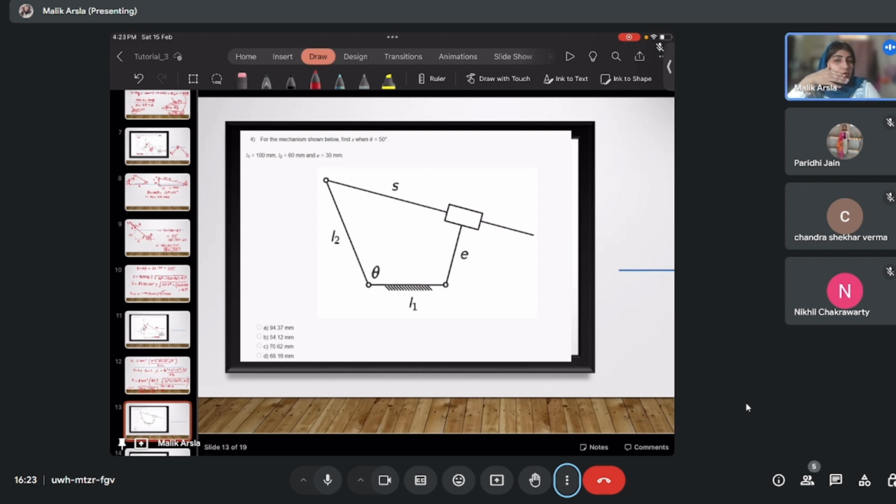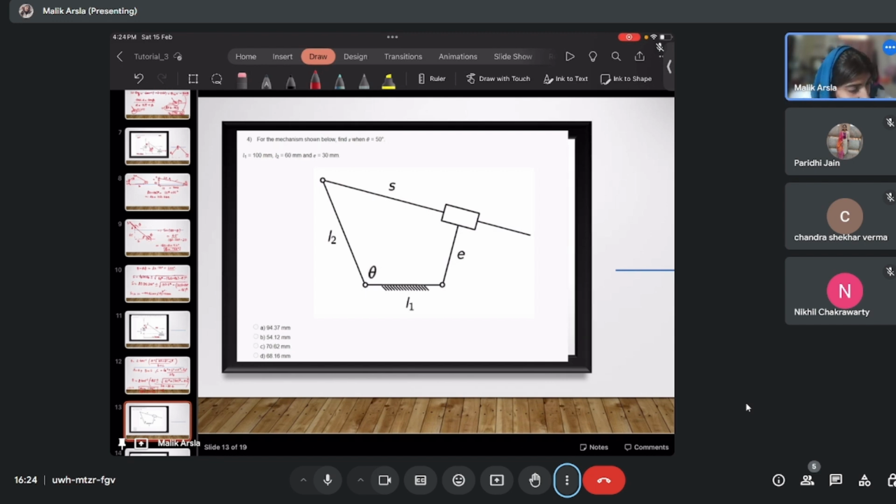If you want to use the formula, you can use the formula, but otherwise we can directly do it. See, I will do it in this manner. Ma'am, it is an inverse kinematics problem. No, it is basically forward because theta is given and you have to find S, so it will be forward kinematics only, right? No, ma'am, we have to find the input actuators. The output theta is given, and we have to find the input.